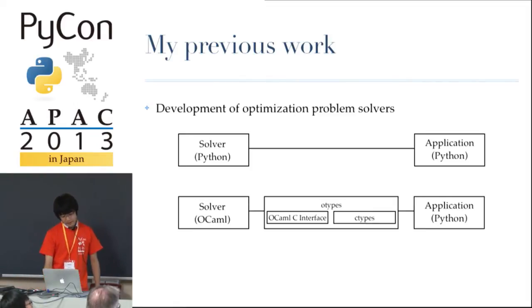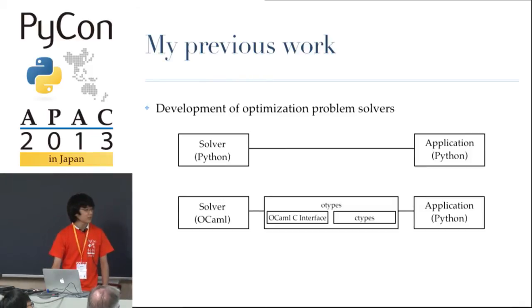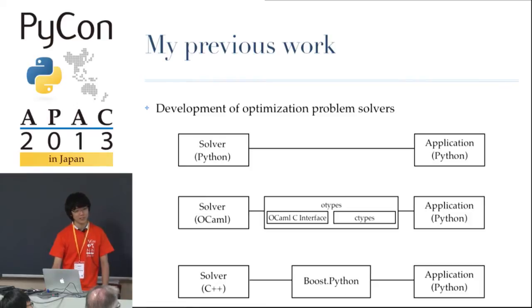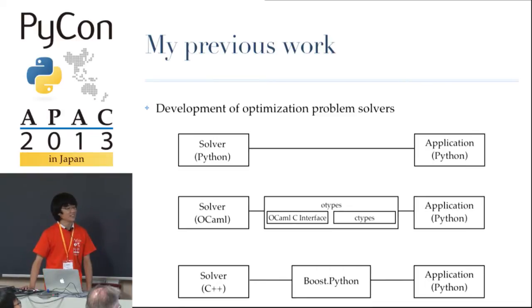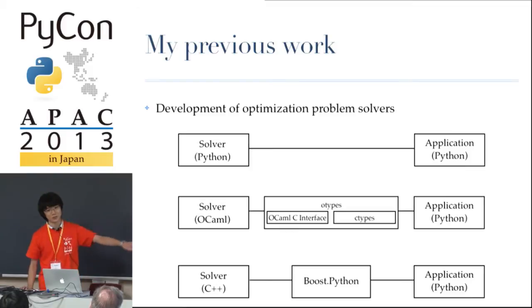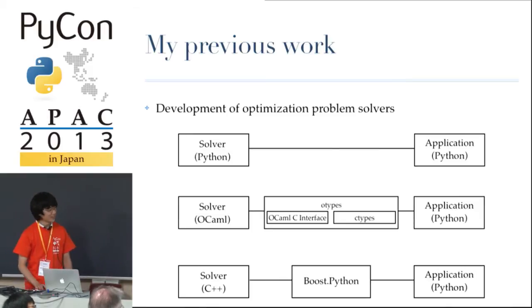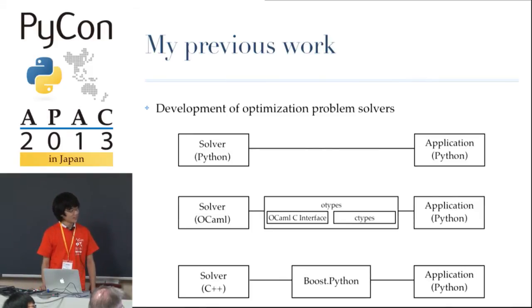Then, finally, I decided to implement my solver in C++. It is not so easy to run C++ and Boost Python, but now I like them. I achieved enough speed in C++.